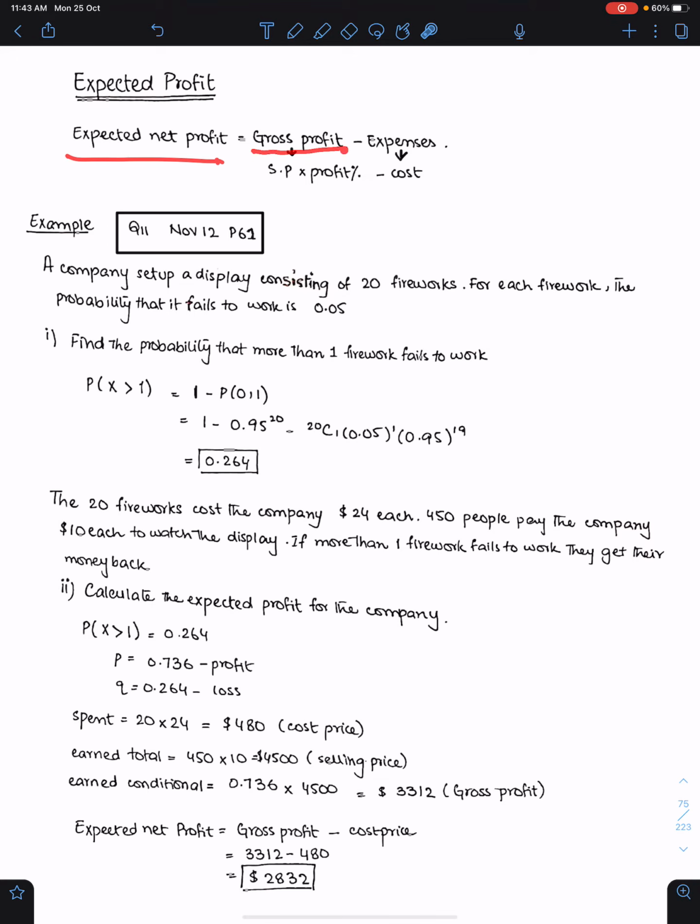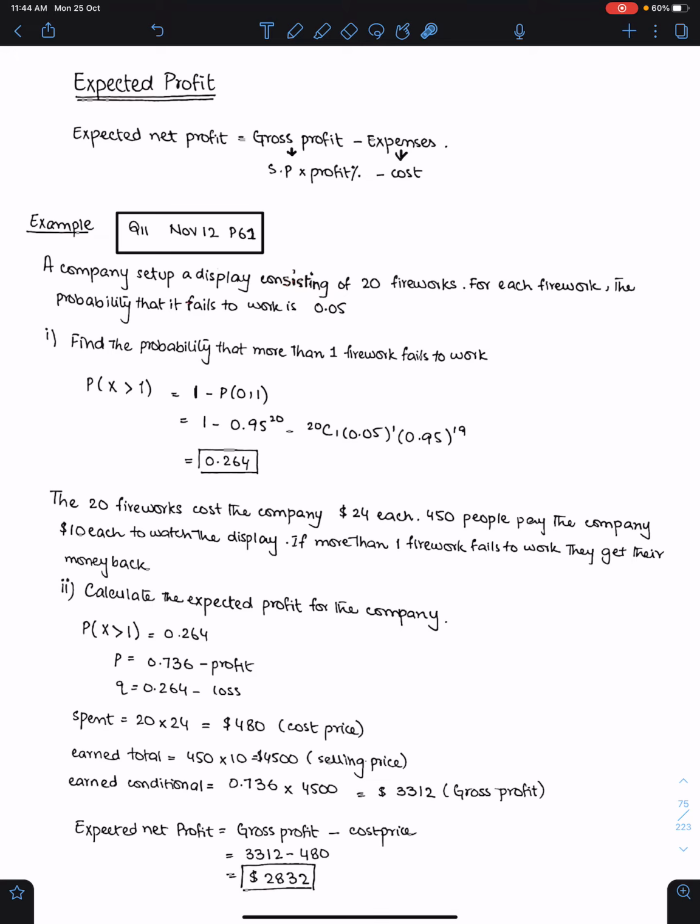Gross profit means the selling price times profit percent. Expenses means cost.